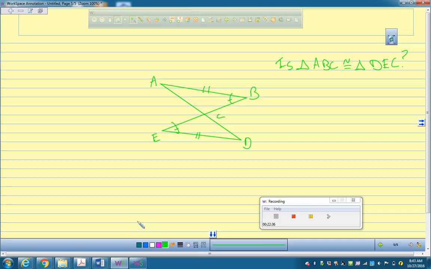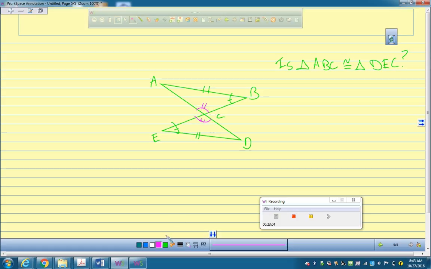Is there something I know about an angle that's congruent in both of them? Which one? Is it angle, side, angle? Where's the other angle? Ryan? Very good. Vertical angles are always congruent, right?